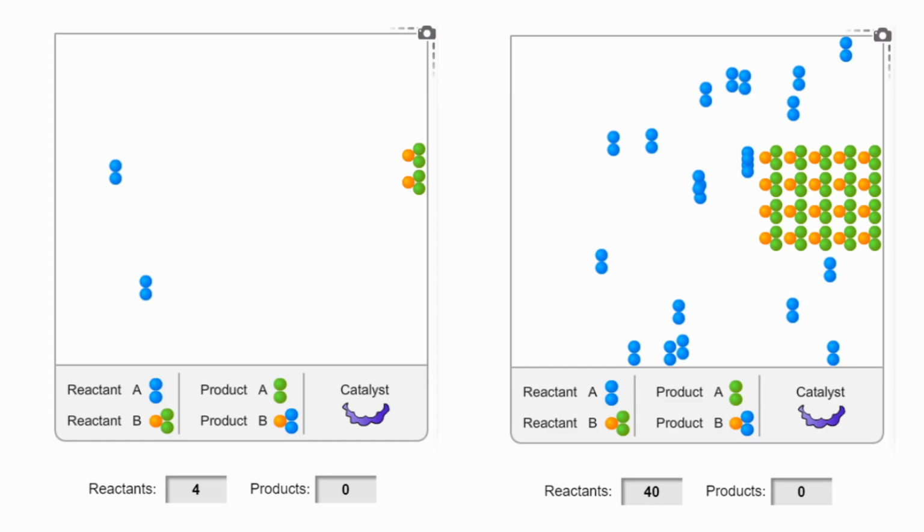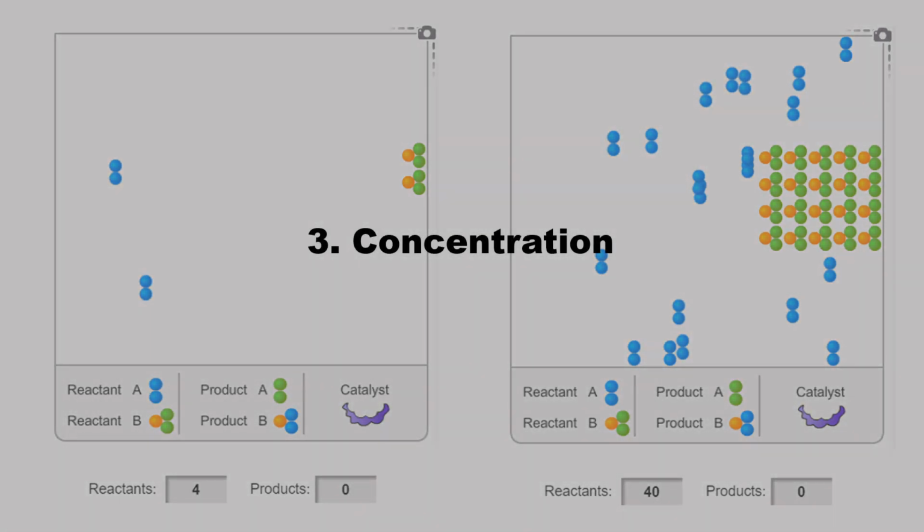We're going to be bumping into each other quite a lot more often because there's just less available free space that wouldn't be us banging into each other. So by increasing concentration, we increase reactivity or reaction rate because there are just more collisions happening because there's less free space. So factor number 3 then is concentration.